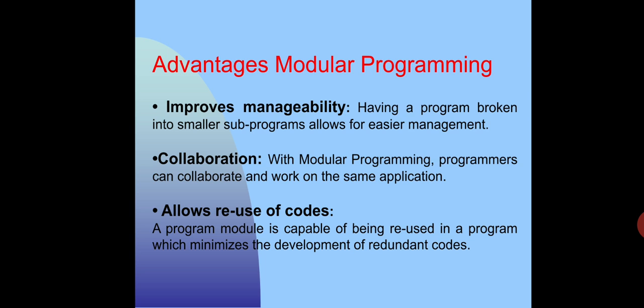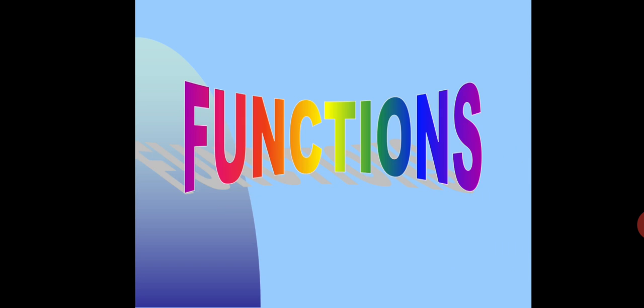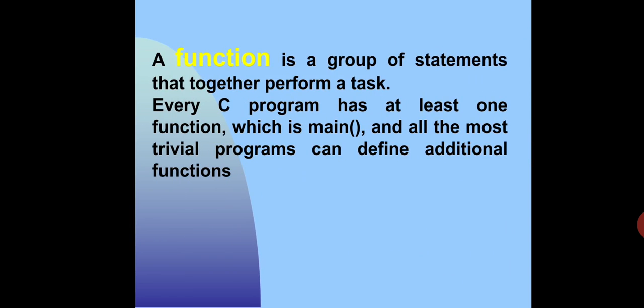So, we can see now what is a function. You may have heard about functions and the many advantages of functions in programming languages. A function can be treated as a group of statements that together perform a task.